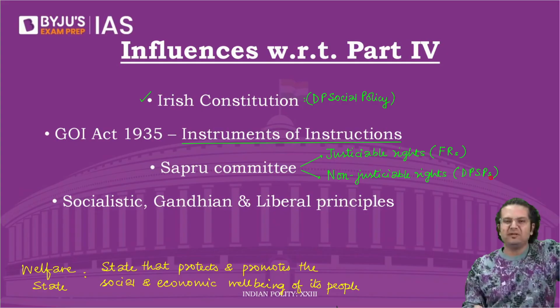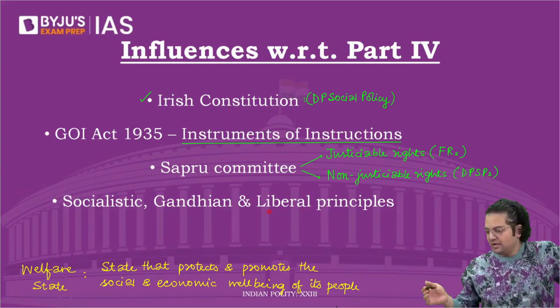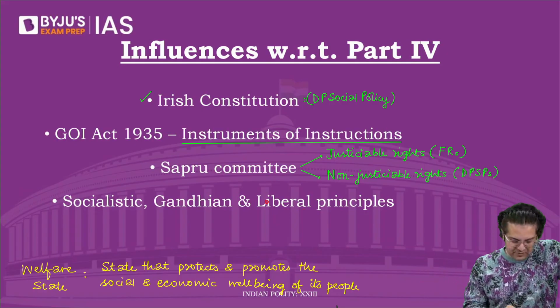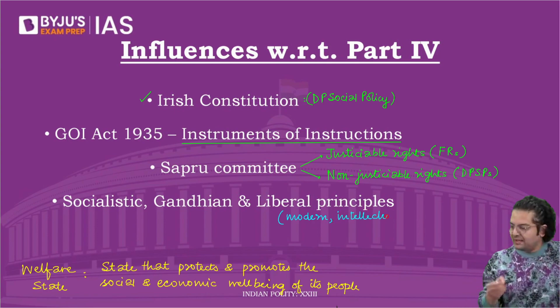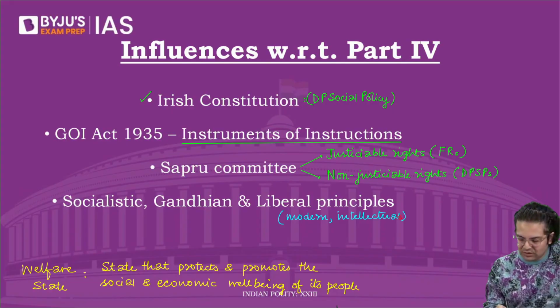So DPSPs can be categorized into three categories. Liberal principles refer to the more modern, more intellectual ones. Gandhian principles are related to the grassroots, catering to the village economy.